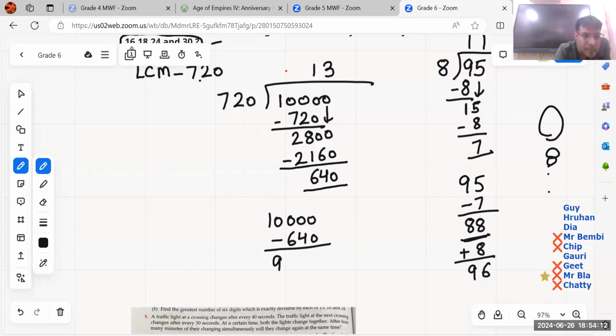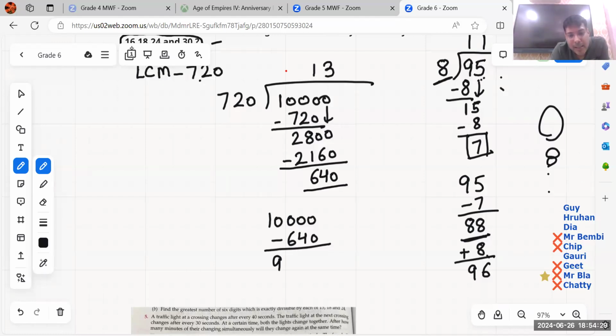That was just an example to show that if I want to find the next multiple of 8 after 95, what I will do with the remainder: I will subtract the remainder, then add 8. So I will get the next multiple after 95. Same thing here.